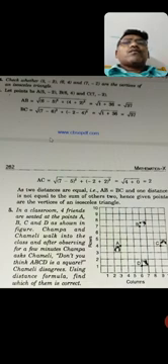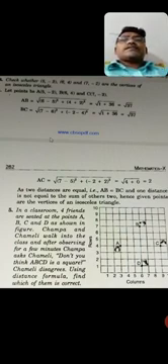Okay. Now the length of one side is left to find, that is AC. Here A coordinate and C coordinate you are taking. A coordinate is 5 comma minus 2, C is 7 comma minus 2. Here x1 equal to 5, y1 equal to minus 2, x2 equal to 7, y2 equal to minus 2.